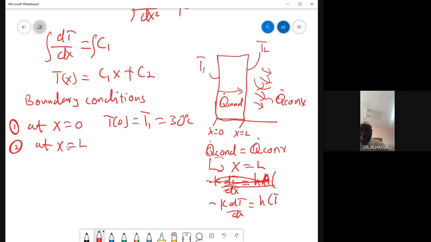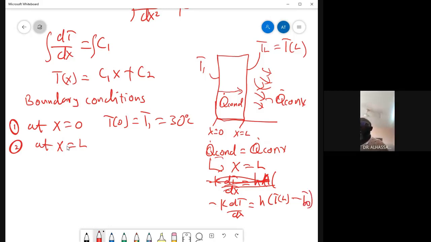You understand? We don't know that particular temperature over here, so I'm going to take this as TL. It's a function of TL, minus T infinity.